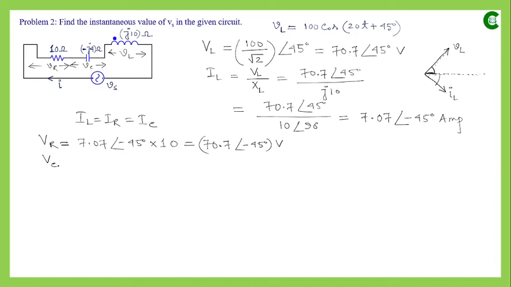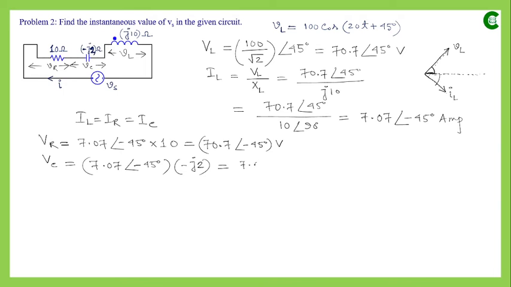Next is to get the value of the voltage drop across the capacitor. It will be the current value IC, which is the same as IL, so it is 7.07 at minus 45 degrees, and that will be multiplied by the reactance value of that capacitor. The reactance value is given in rectangular form, so it needs to be converted to polar form for simplicity.